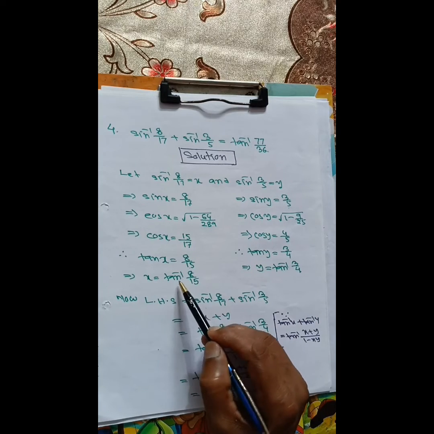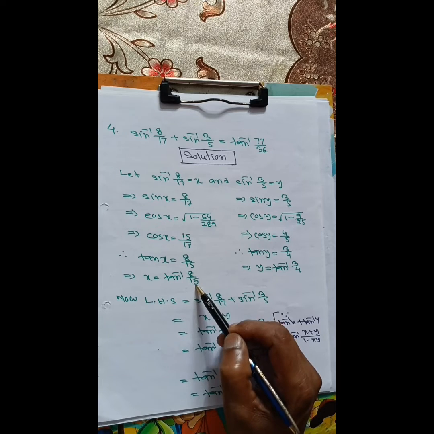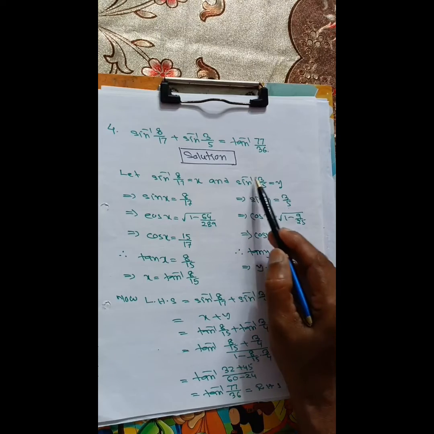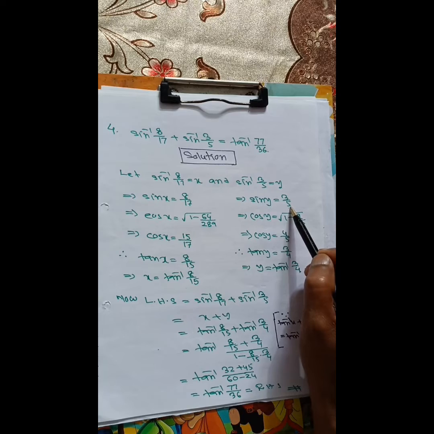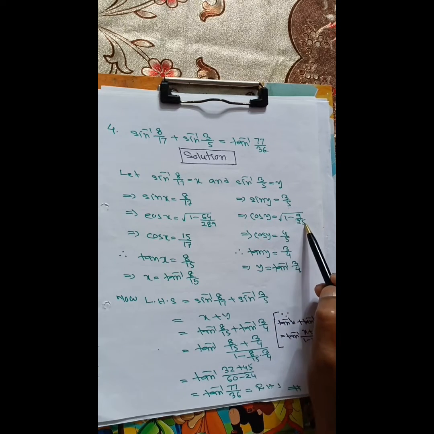Therefore x is equal to tan inverse 8/15. Next, since we have taken sin inverse 3/5 equal to y, sin y is equal to 3/5. Then cos y is equal to root over 1 minus sin square y, that is 9/25. After calculation, we get cos y is equal to 4/5.